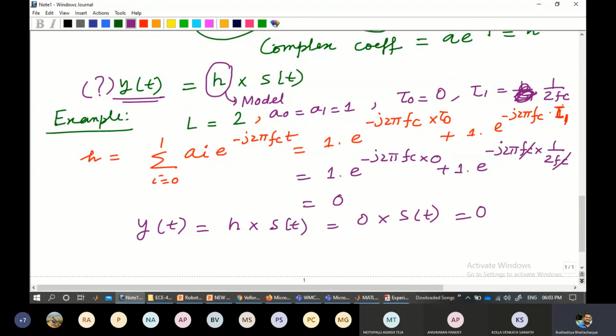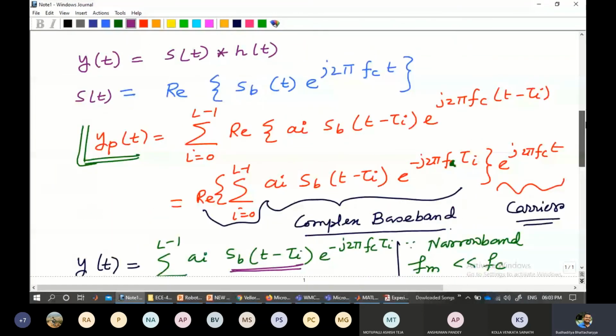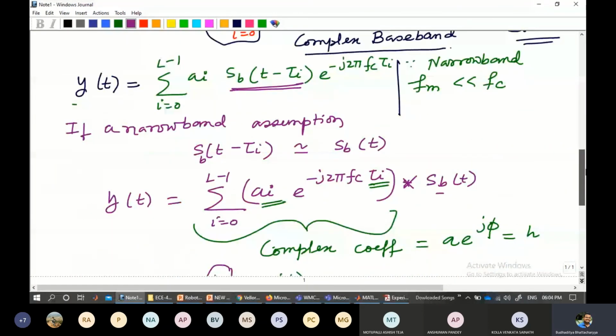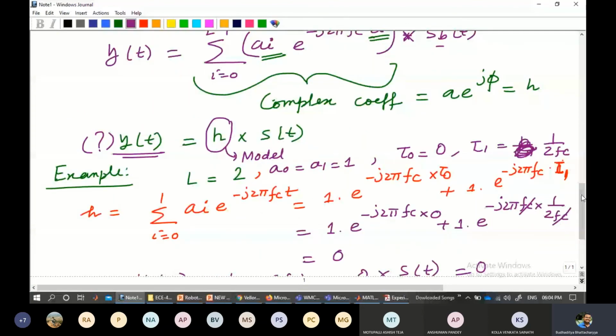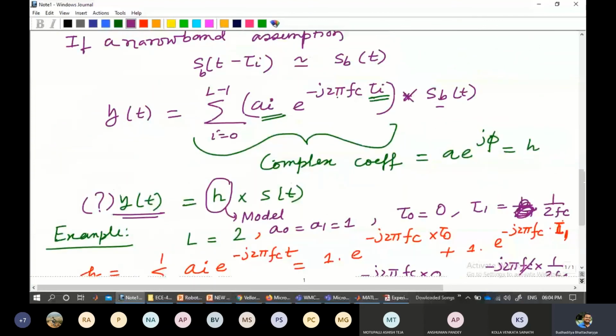Am I clear with this part, at least what my intentions are, why I'm trying to do this? Even if you are not able to follow each and every step, you can tell me later, but this is the idea I'm trying to convey. The output of a wireless signal is heavily dependent not only on the transmitted signal, but primarily on how the channel is behaving.